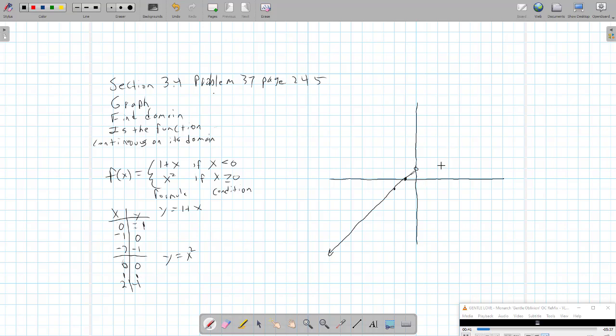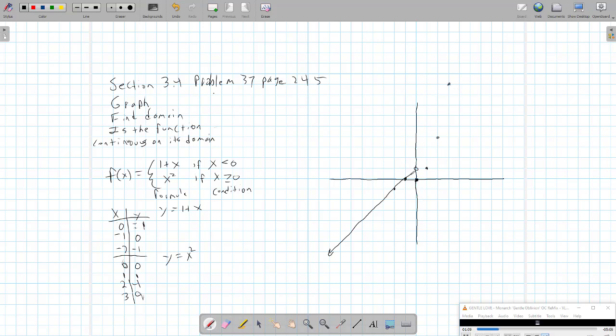I'll go ahead and put in the 3. 3 squared is 9. So 0, 0. I do have a full point on this one, because the condition allowed x to be 0. 1, 1. 2, 4. And 3 would actually be up here, because this would be 9 using my scale.